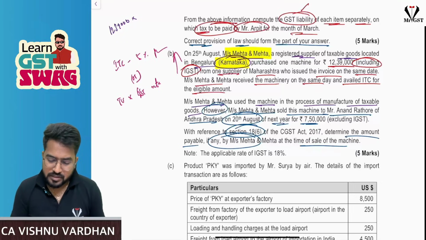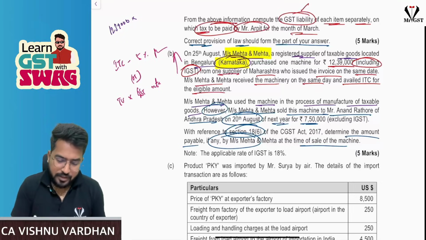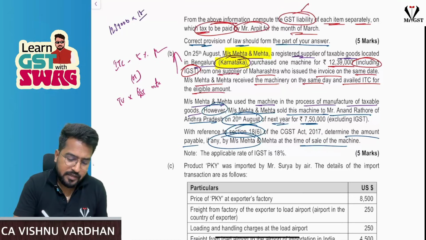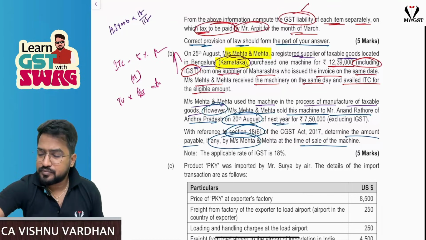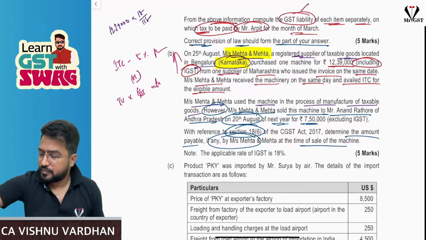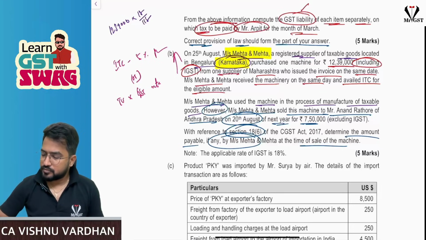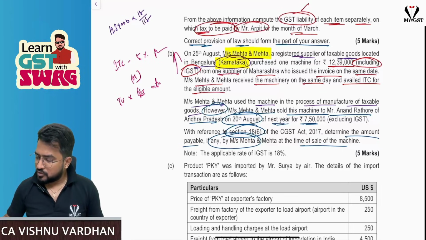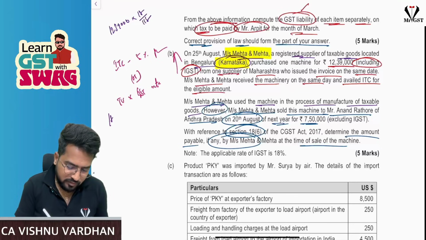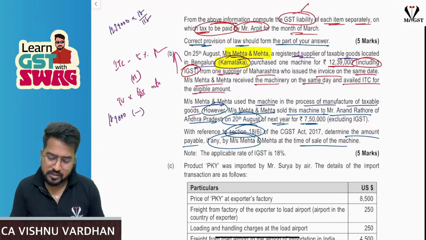is including GST. What is the GST rate, Mahi? 18%. So here let us take 18 divided by 118. 12,39,000 into 18 divided by 118 is 1,89,000. Sir, 1,89,000 minus how many quarters they have used?